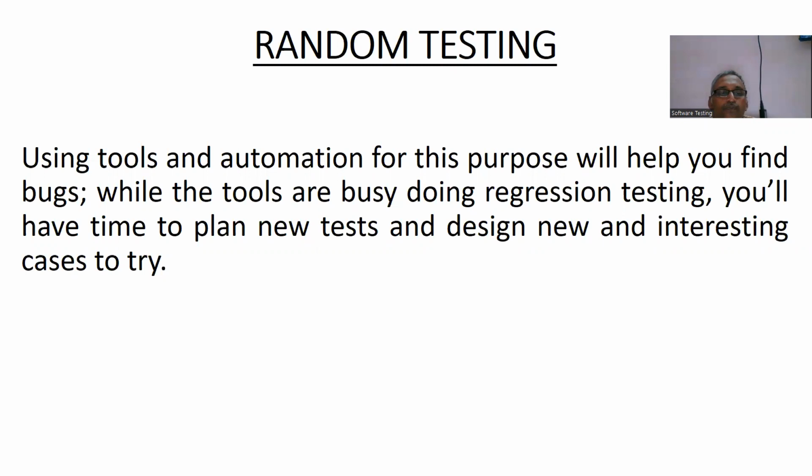Using tools and automation for this purpose will help you find bugs while the tools are busy doing regression testing. We will have time to plan new tests and design new and increasingly interesting cases to try.